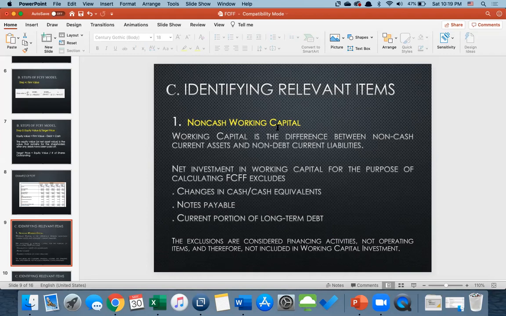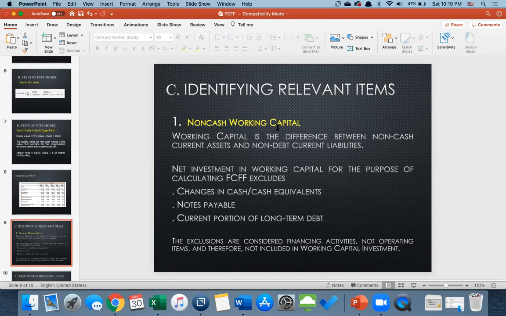Unlike inventory, accounts receivable, and other current assets, cash earns only a fair return and therefore shouldn't be included in measures of working capital.